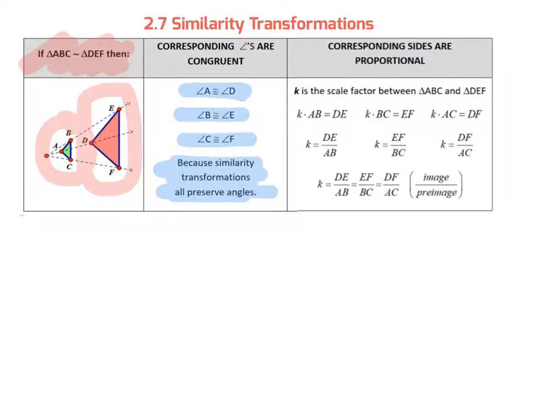Now, the second phase of that is it doesn't make equal sides, does it? It makes proportional sides. So everybody is times a scale factor. So if you took little ab and you multiplied it by k, you would get DE, so it got a little bit bigger. But you would multiply everybody by that same amount, therefore everybody is proportional.